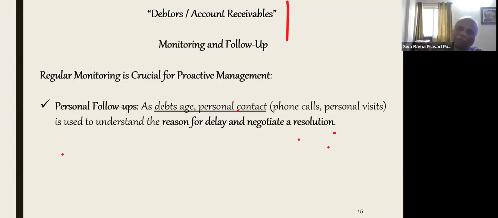Personal follow-up as the debt ages: personal contact, phone calls, personal visits, used to understand the reasons for a delay and negotiate the resolution. Today, the company undergoing the CIRP is a company that has defaulted. In the similar manner, if my company also provides credit to others, the same situation applies.